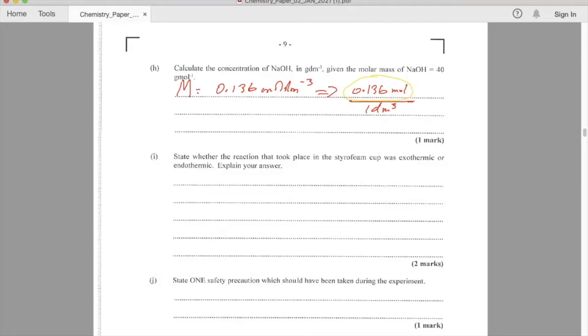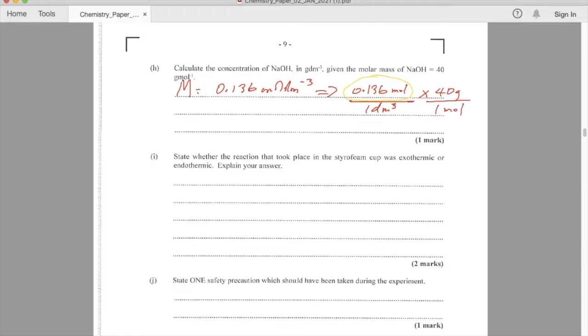And to convert moles to grams, all we would need to do is just multiply by the molar mass. So the molar mass is 40 grams per mole, which can be written as 40 grams over 1 mole.